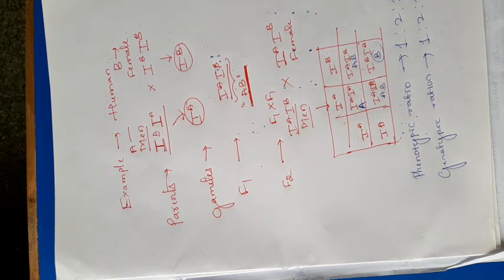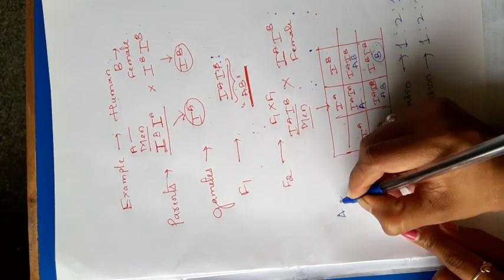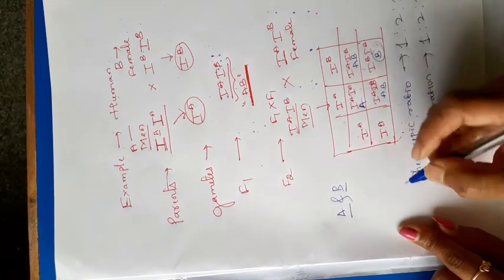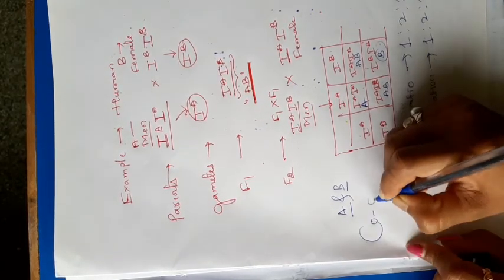When heterozygosity comes in this condition, in the case of blood group, both the alleles are expressed because those are called codominant. A and B alleles are codominant.